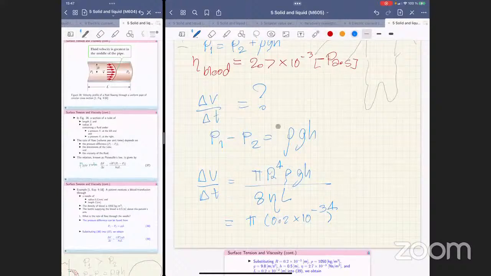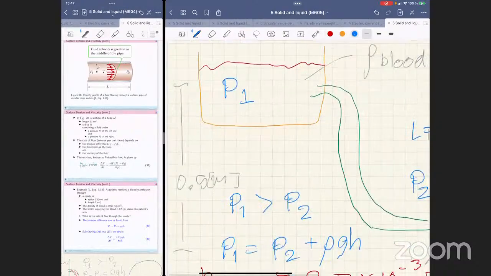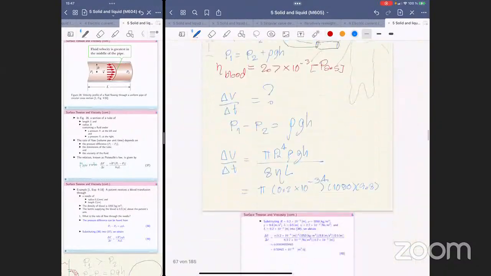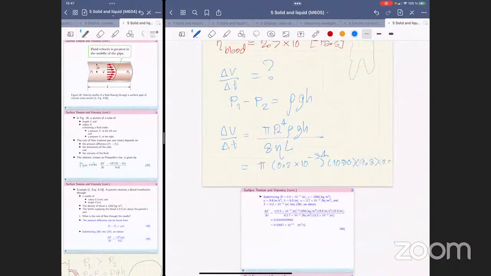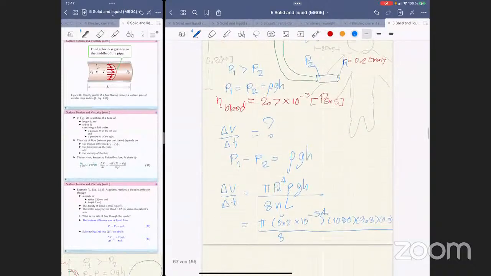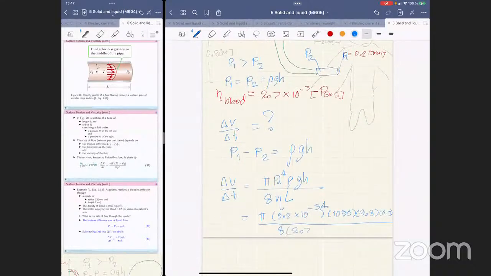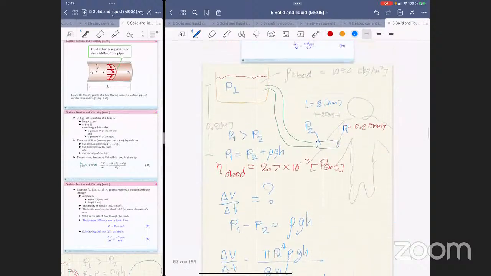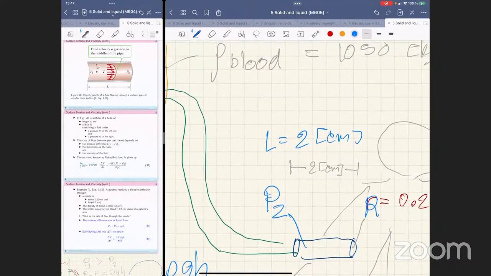Rho is the density of the blood, 1050 kilograms per cubic meter. g is the acceleration on Earth, 9.8, or you can simply use 10. h is the height, which is 0.5 meter, and you divide by 8 times eta, which is 2.7 times 10 to the negative 3, and L is the length of the needle, 2 centimeters.